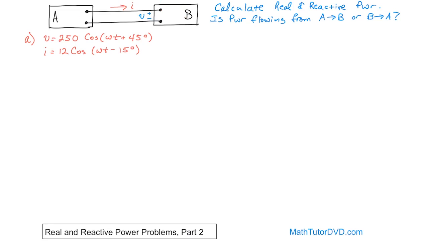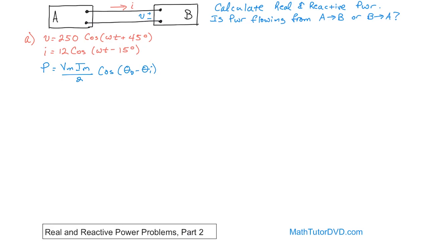So in order to calculate the real power, we go back to the equation we've used, capital P equals Vm Im over 2 times the cosine of the phase angle, theta V minus theta I. So basically we want to perform that calculation.